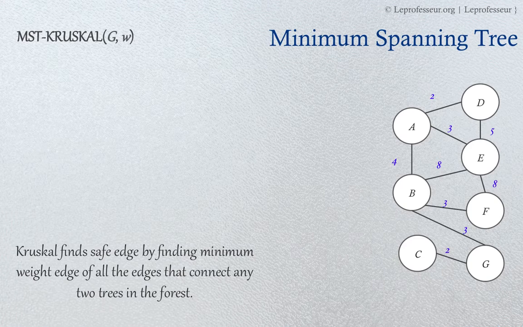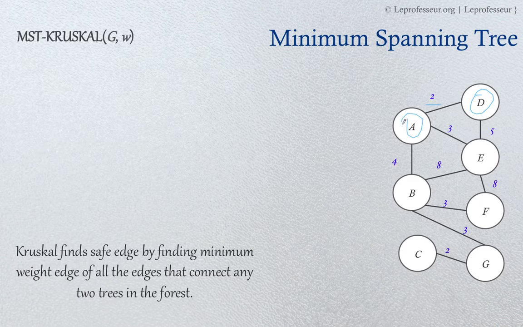The key idea behind Kruskal's algorithm is that we sort all the edges by their weight, and once we have the sorting of the edges, we determine the safe edge. We first pick the minimum weight edge and see whether both ends of the minimum weight edge belong to the same tree or not.